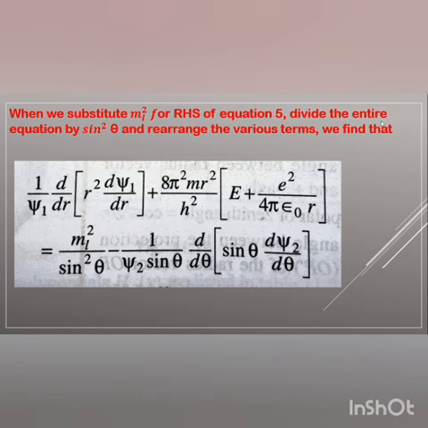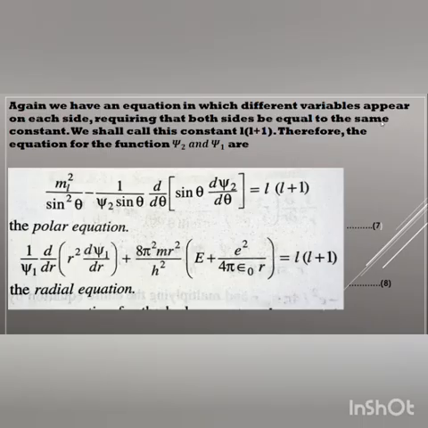Again, in this equation, the left hand side is a function of r, whereas the right hand side is a function of theta. So we require both sides to be equal to a similar constant, and we call that constant L plus 1.